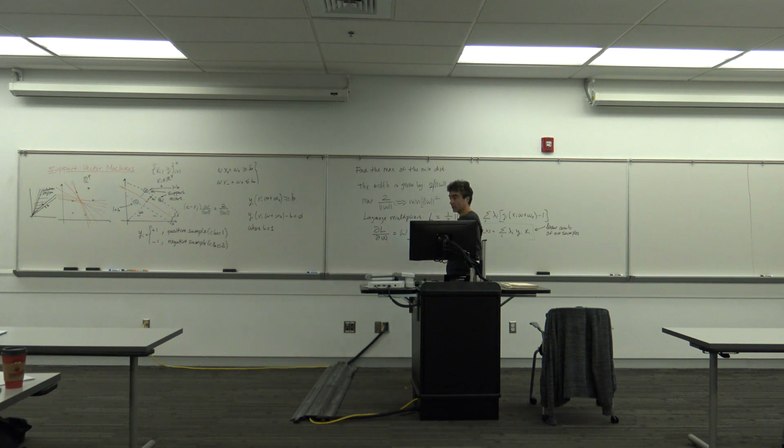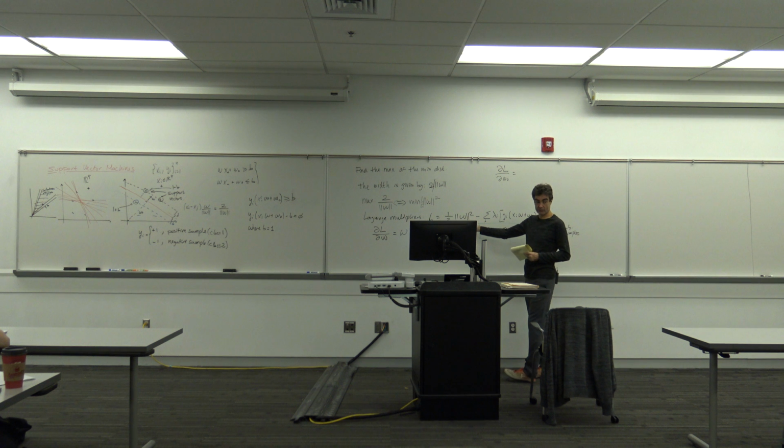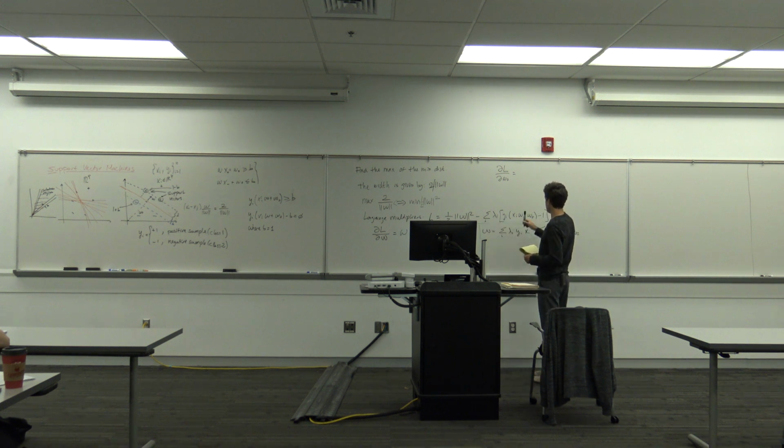These are the Lagrange multipliers, but am I missing something to minimize this criterion here? The bias, W0. So I need to also compute the partial derivative with respect to W0. This term doesn't have W0, and this is 1 here.